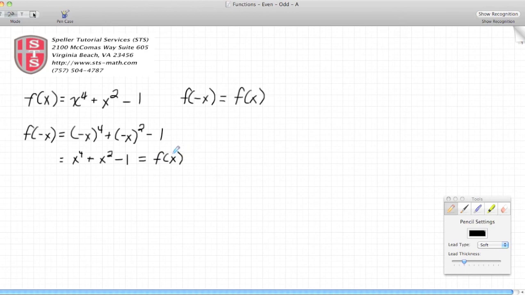And I see that when I input the negative x, my output is the exact same as the original function that I have described here. So here I can justify visually and algebraically that the function x to the fourth power plus x squared minus 1 is even.